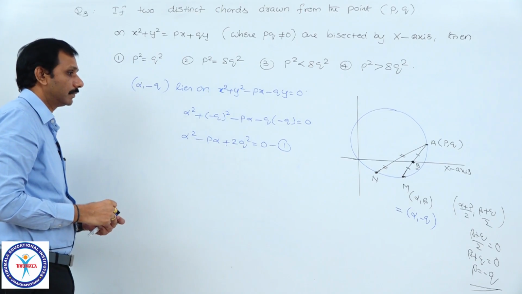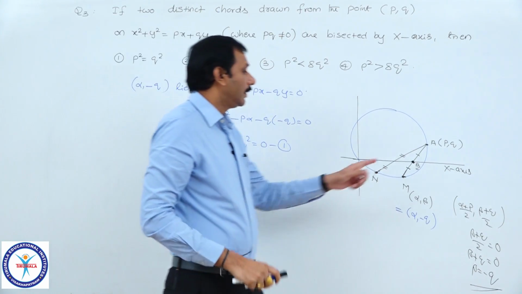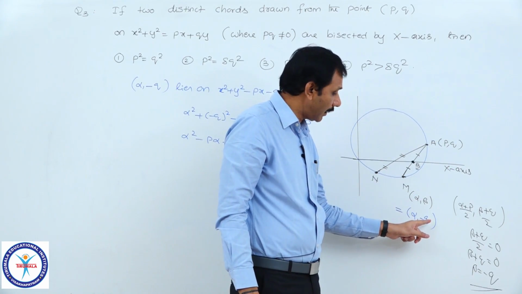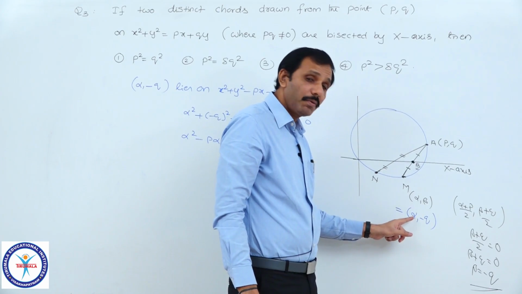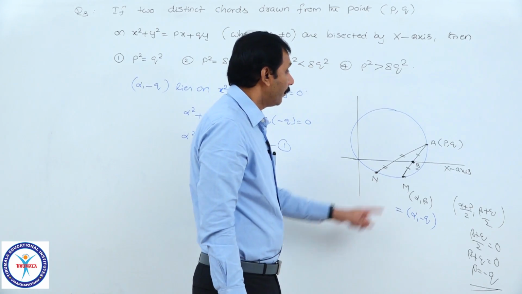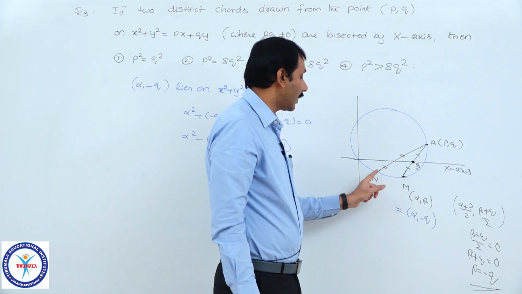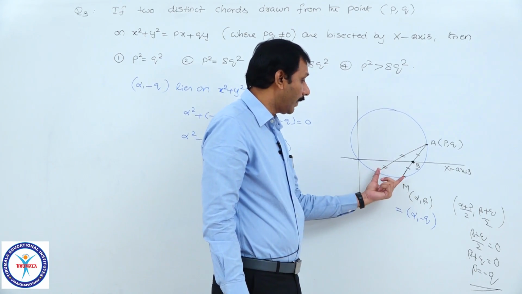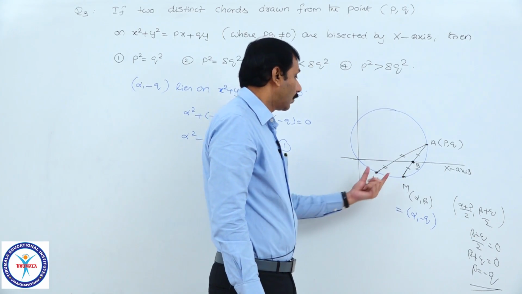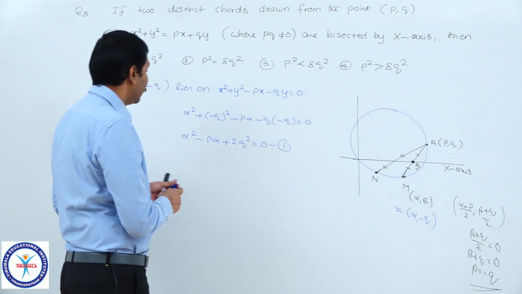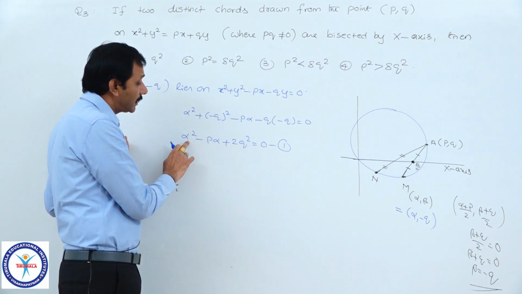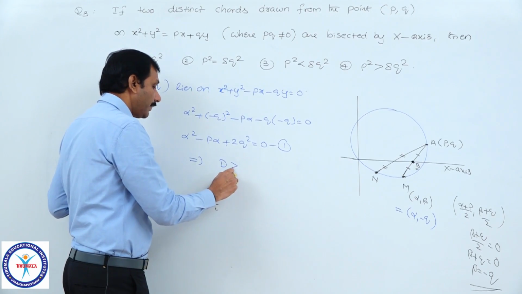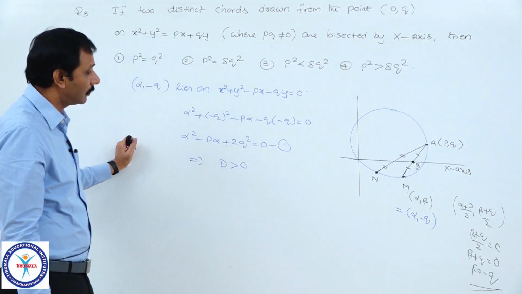Now, this value of q fixed implies this value also fixed. What is the variable here? Only alpha. Because two distinct chords are drawn, how many values will you get for alpha? Two values we must get, means this equation must have two distinct roots. That implies I can say discriminant of this equation should be greater than 0.